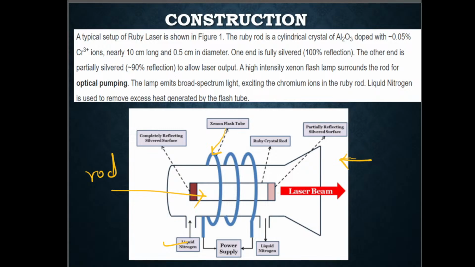This is our laser beam which is coming out from this laser. One mirror used here is a completely reflecting surface, and this one is the partially reflecting surface. Here we are using liquid nitrogen, and what is that liquid nitrogen used for? Does anyone know? Why are we using liquid nitrogen?